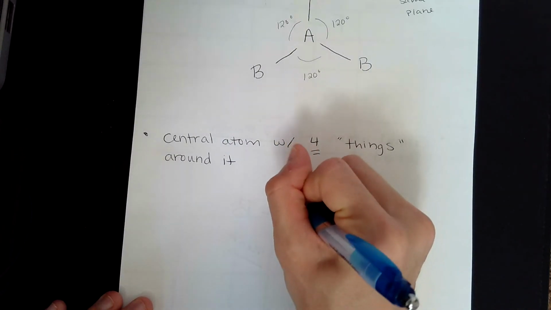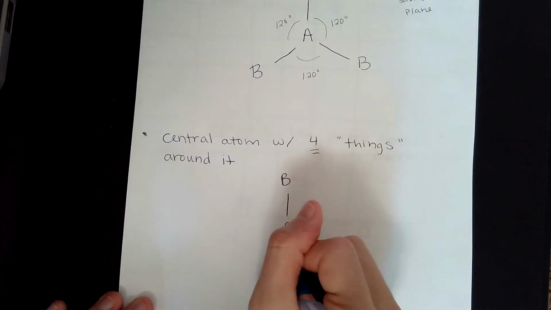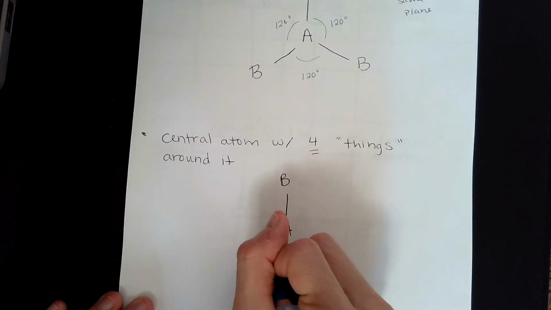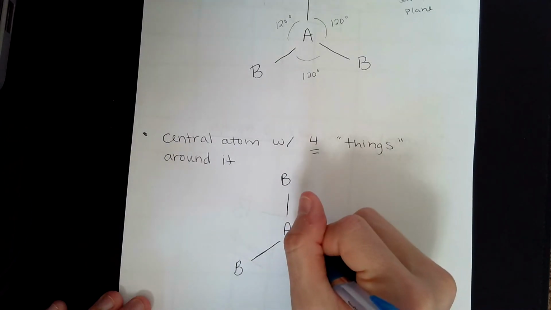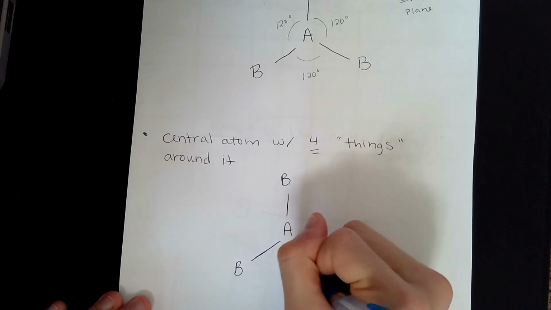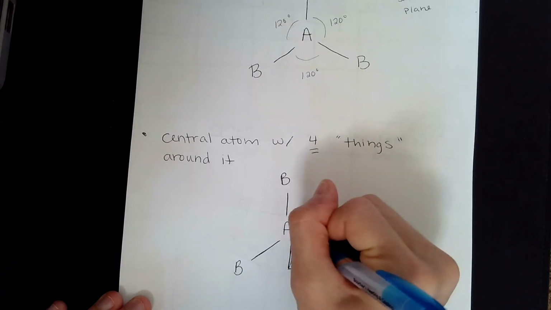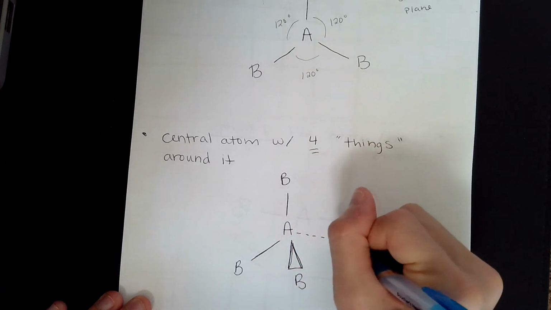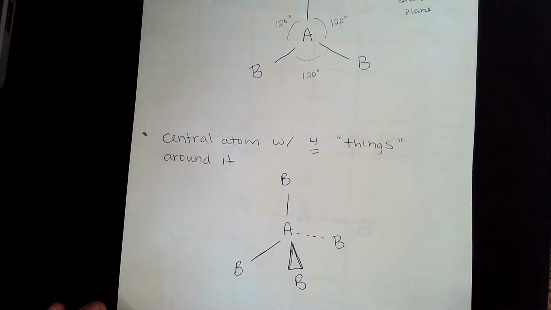What that looks like, how we draw it, we have 2 things kind of bent from each other, and then one thing coming straight out towards us, and then one thing kind of sitting in the back here. So this is kind of like a triangle base here, like a triangle pyramid with something sticking out of the top.